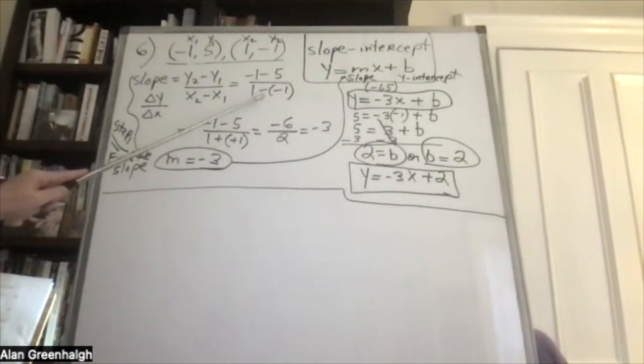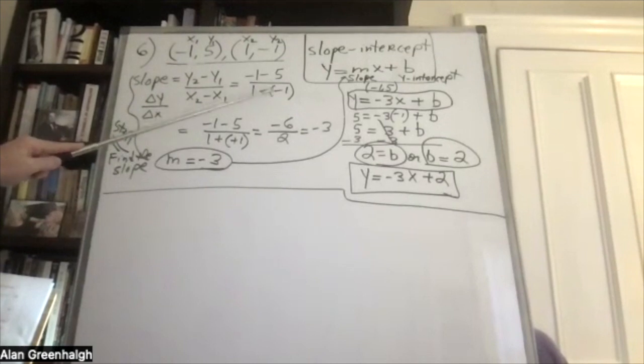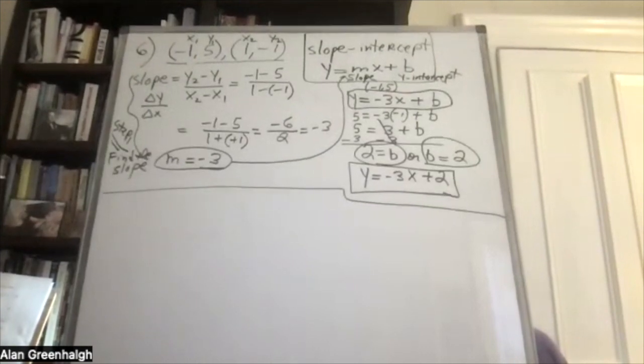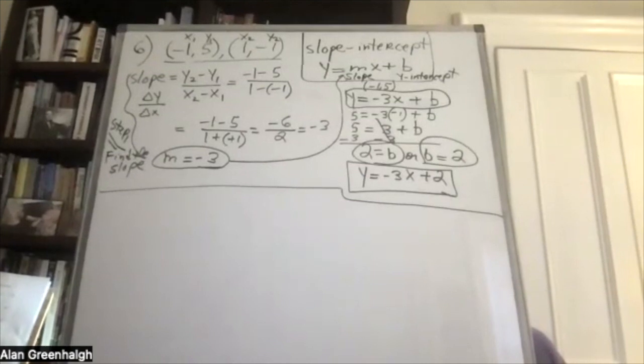Because when you subtract signed numbers, the rule is to change the sign of the second number and change the operation to addition. So I changed the sign from negative to positive, and then changed the subtraction sign to an addition sign. That's the rule for subtraction of signed numbers. Okay, thank you so much.